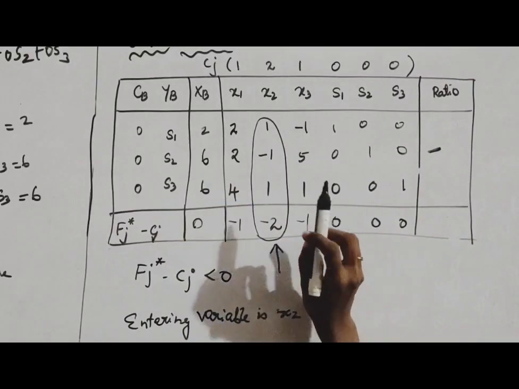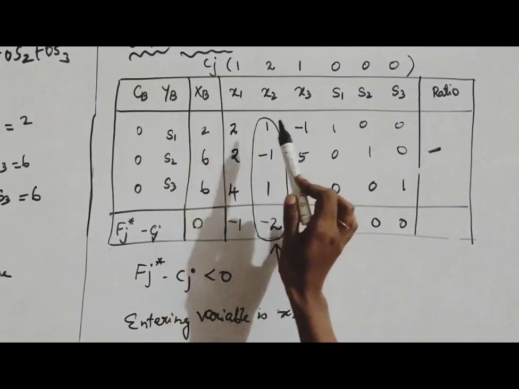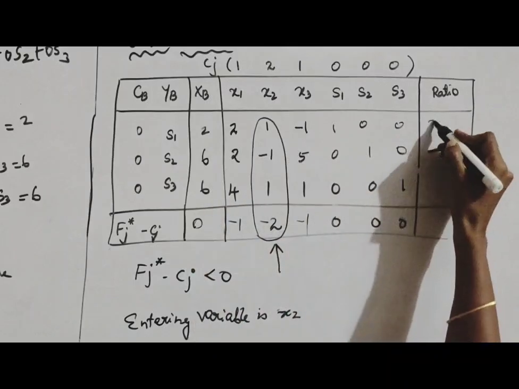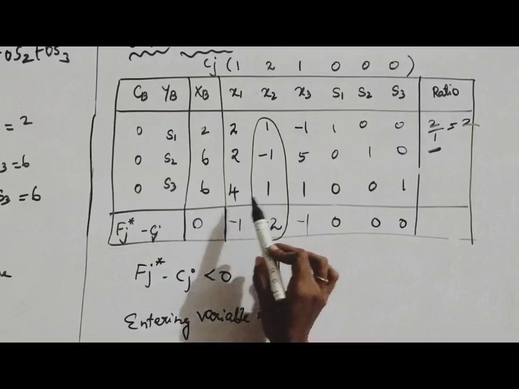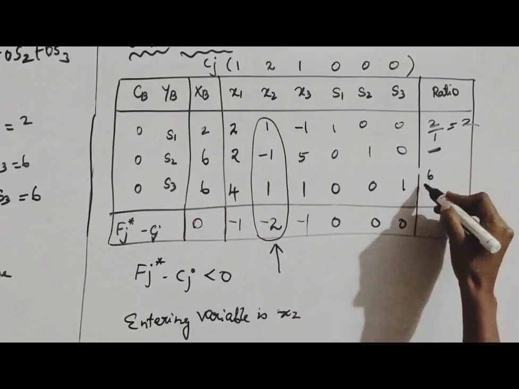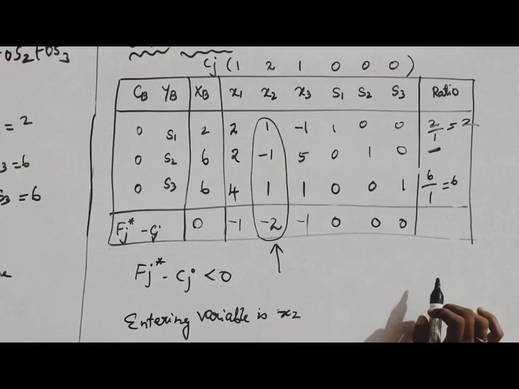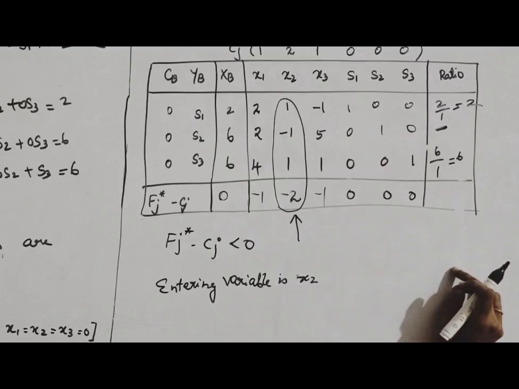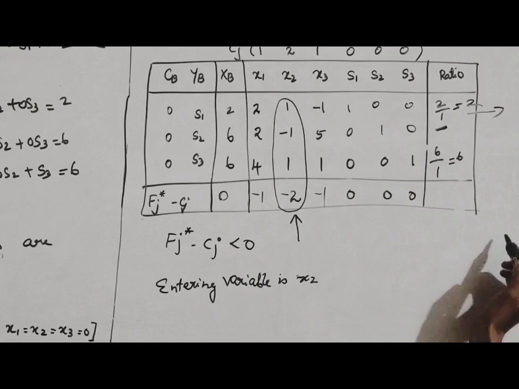To find the ratio, divide the xb column by the corresponding column coefficient, that is 2 by 1, which is 2, and for the third row, 6 by 1 is 6. Then choose the minimum value from these two ratios. What is the minimum value here? 2. Therefore, the leaving variable is S1.